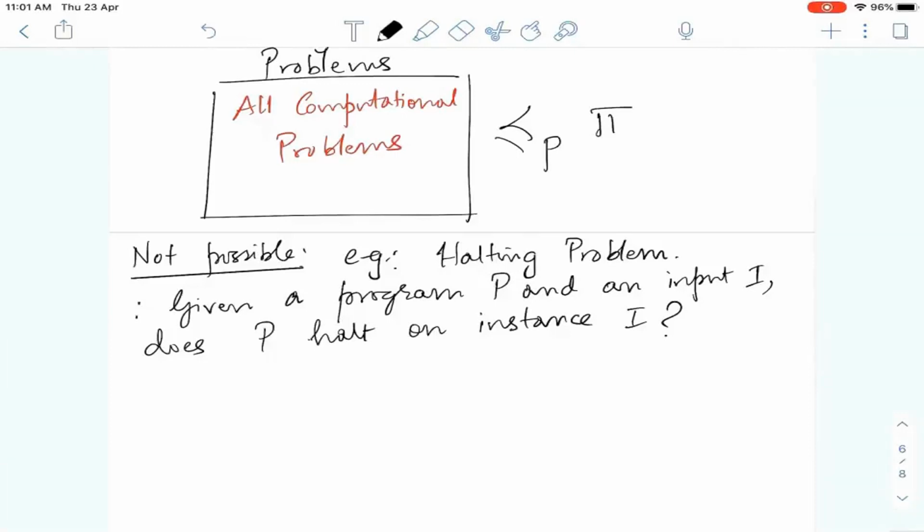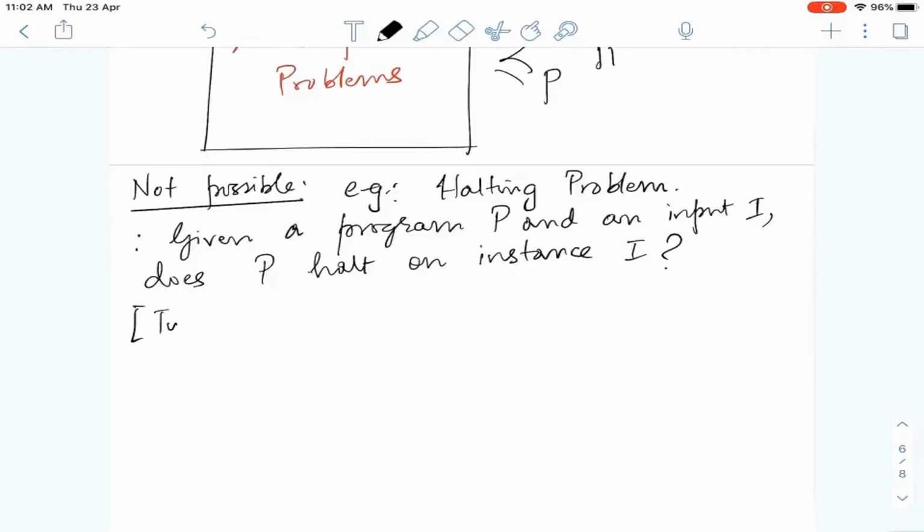There are pathological examples for which any algorithm that runs for a finite amount of time won't be able to give you a yes no answer. Okay, so this was proved by Alan Turing in '36, that HP is undecidable.